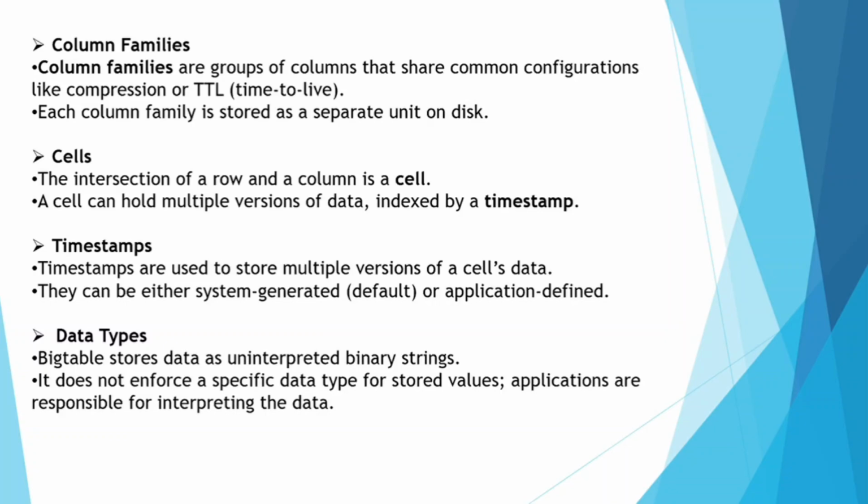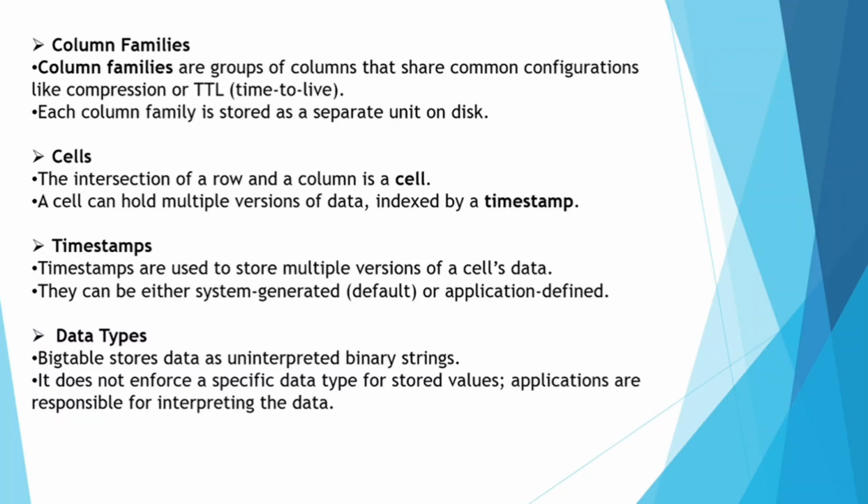Column families. Column families are groups of columns that share common configuration like compression or TTL. Each column family is stored as a separate unit on disk. Cells. The intersection of a row and column is a cell. A cell can hold multiple versions of data indexed by a timestamp. Timestamps.